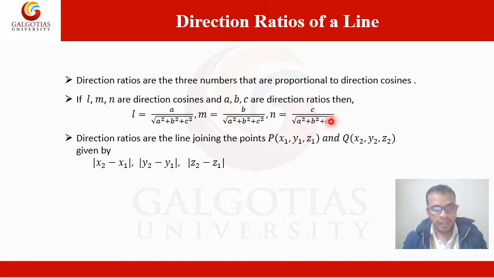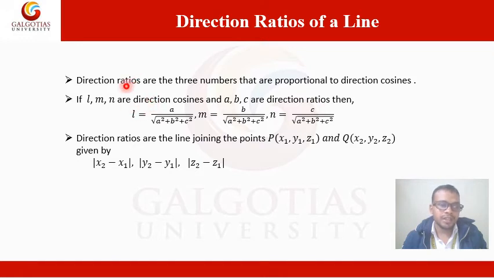That was given by L by A is equal to M by B is equal to N by C, which can be written as equal to some proportionality constant K. So L was directly proportional to A, M was directly proportional to B and N was directly proportional to C, if L, M and N are direction cosines and A, B and C are direction ratios.